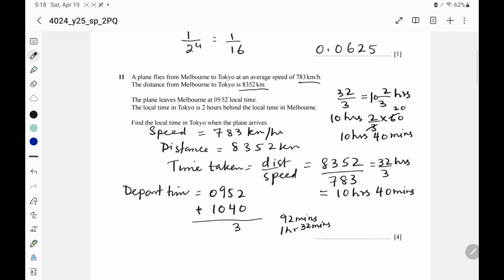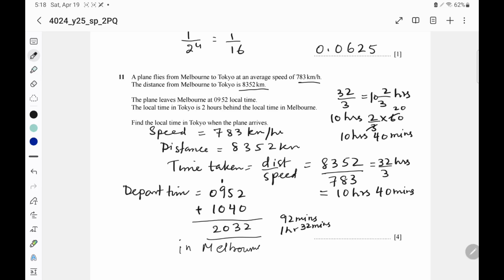Remember, 32 I'm writing down here, and 1 hour here. So 9, 10 and 1 will become 20:32. It means arriving at 20:32 in Melbourne.